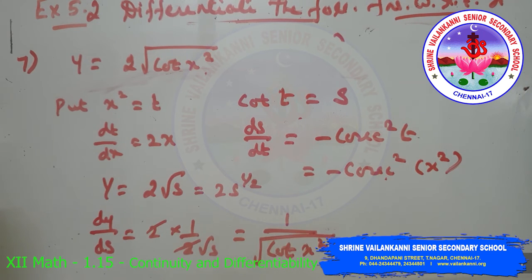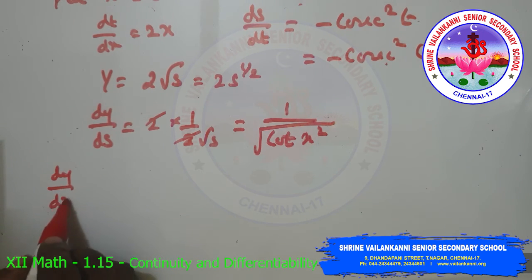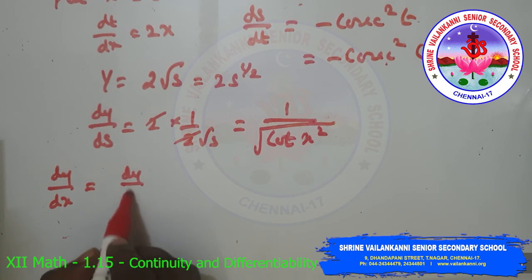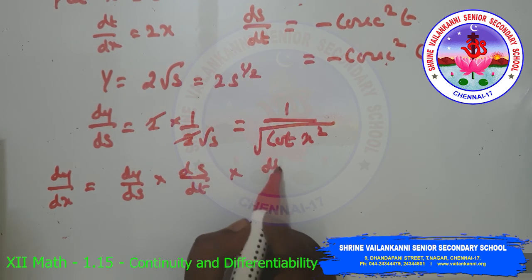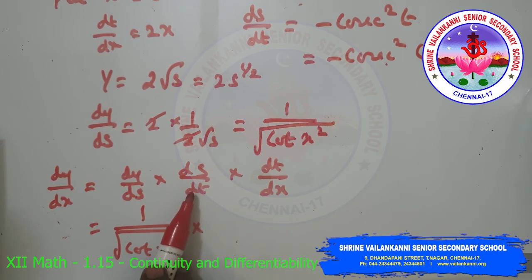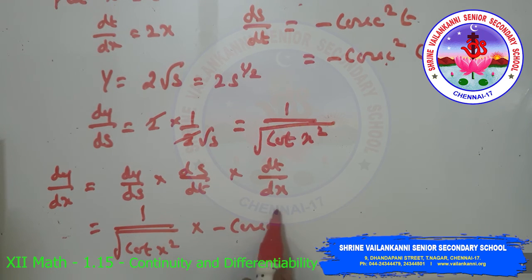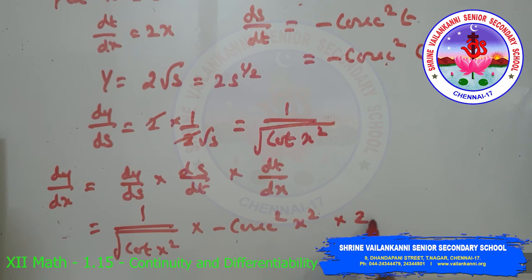Now we have to find dy by dx. dy by dx, which is equal to dy by ds into ds by dt into dt by dx. dy by dx is 1 by root of cot x square. ds by dt is minus cosecant square x square. dt by dx is 2x.